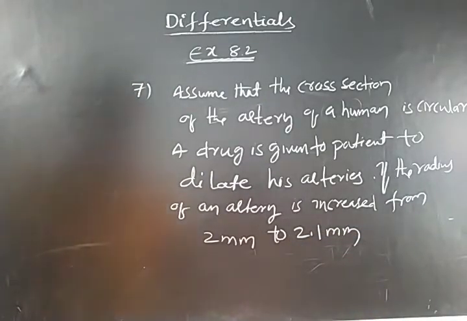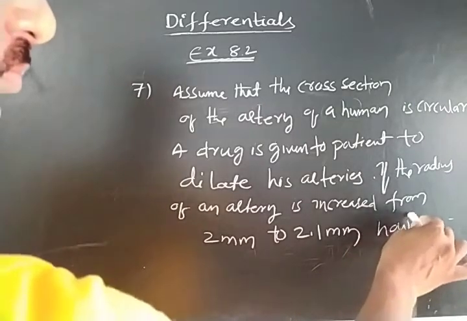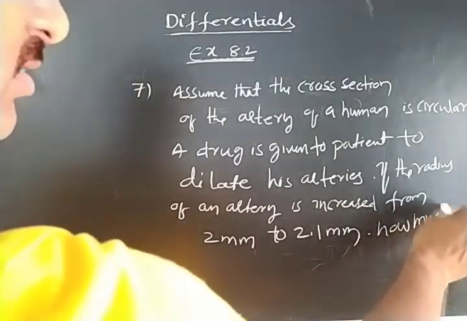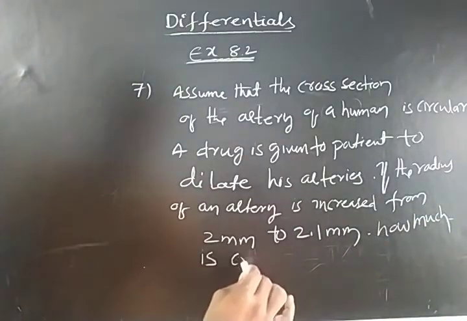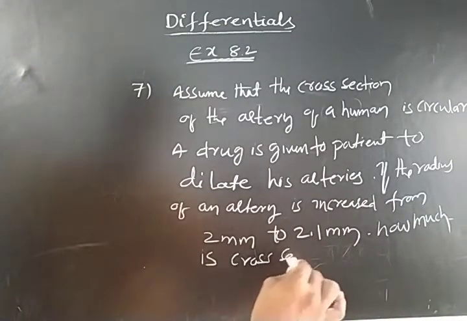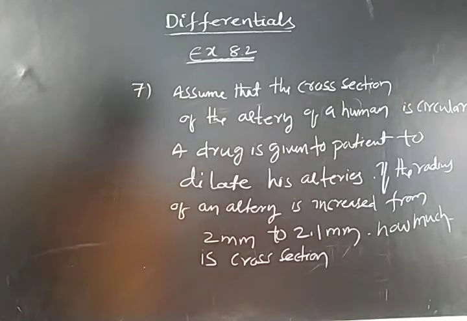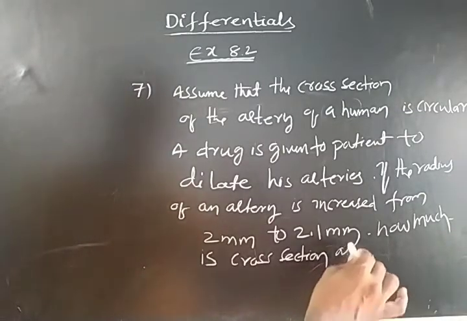How much is the cross section area increased approximately?